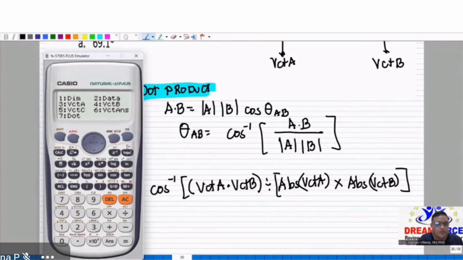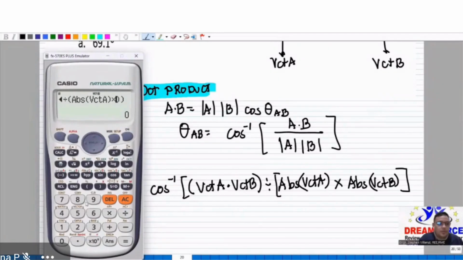So, shift vector, vector A. Then, shift vector. Okay, that po tayo. So, 7. Then, vector B. So, 4 lang po ito. Then, divided by absolute value. So, shift hyp lang po for abs. Okay, so that is shift vector A. So, sasaraduhan lang po natin yan.